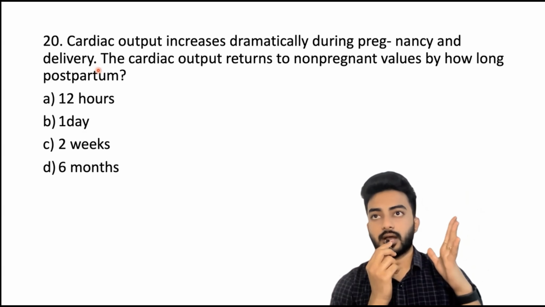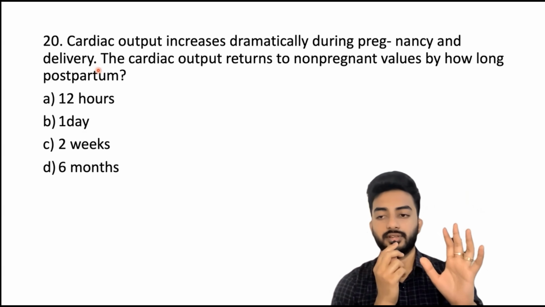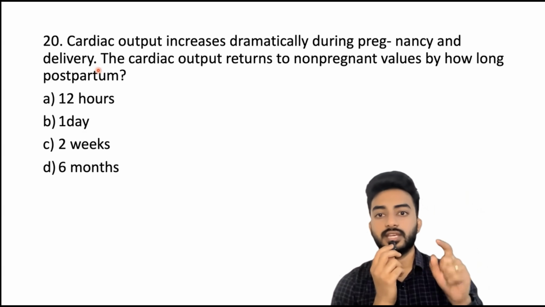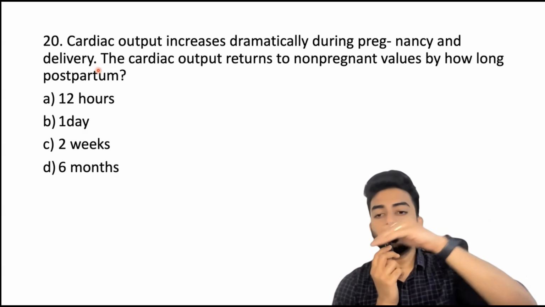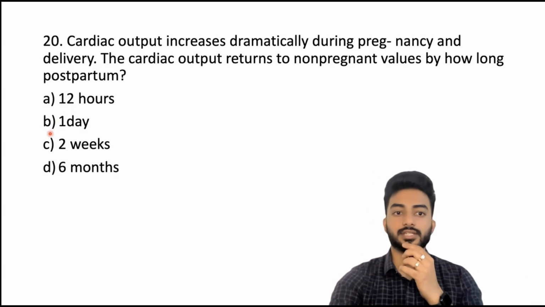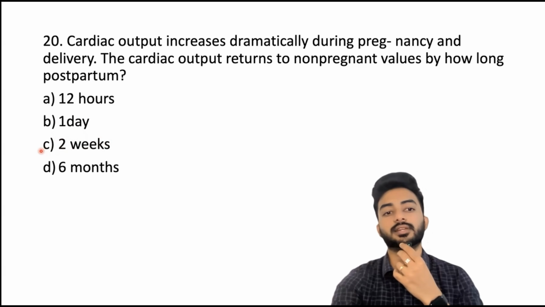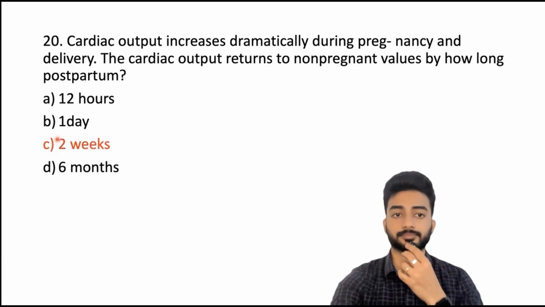That was autotransfusion time, that is just after the delivery of the fetus. So here they are asking when it will return to the non-pregnant value, whether it is 12 hours, 1 day, 2 weeks, or 6 months. So the answer for this, directly taken from Kaplan, is 2 weeks.